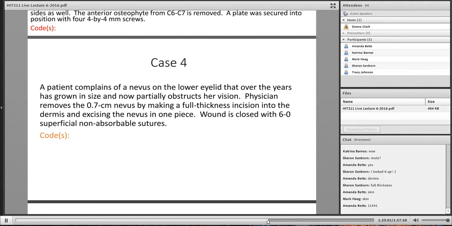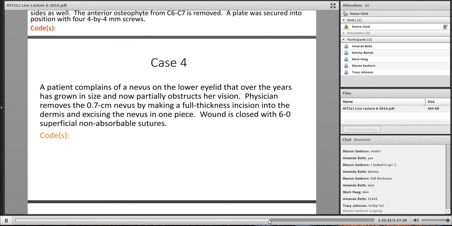Again, you always need to pay attention to the depth of the procedure. This was a little tricky one because we were supposed to be coding from 67 for the eye, whereas we are nervous and endocrine. So you already kind of figure what your code should start with, but you also need to pay attention to where the procedure is actually being performed.